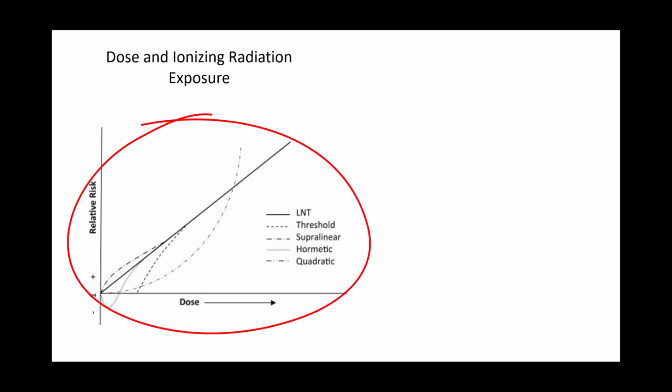Let's take a look at these. The linear no threshold dose was formulated in 1946 in response to the atomic bomb. Basically, at that time, we didn't have the instruments to measure accurately, but we could extrapolate that no amount of radiation could be safe. And unfortunately, that linear no threshold dose theory is still used today.